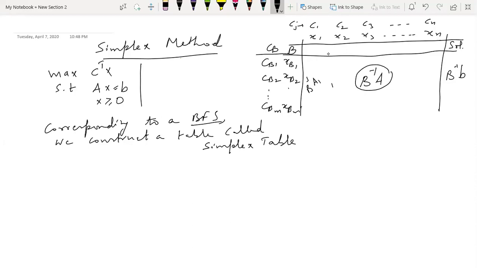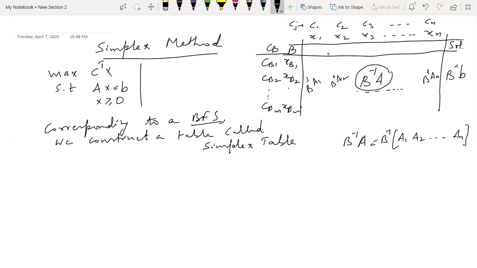For the second column, I am calculating B inverse a2, and so on up to B inverse an. Overall, I am calculating B inverse times A, which is B inverse times a1, a2 up to an. These are the n columns, so B inverse a1 is in the first place, B inverse a2 in the second place, and this is what we are writing here.